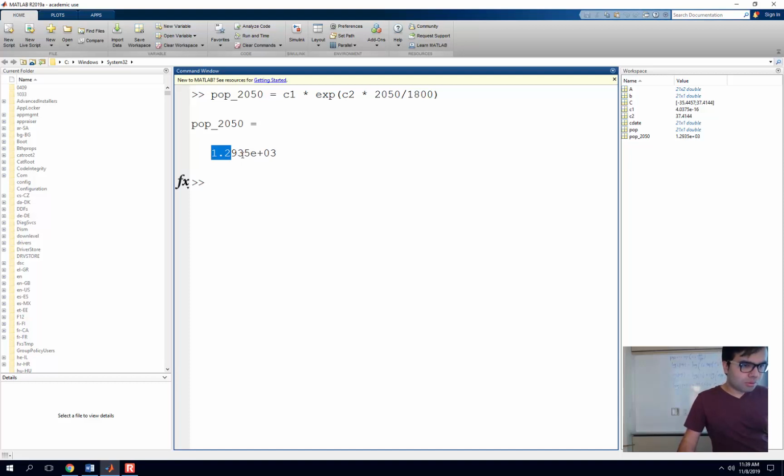Oh wait, no more than that. 1,293 million people. So 1 trillion people. My model is terrible. Maybe you just stop putting one another.